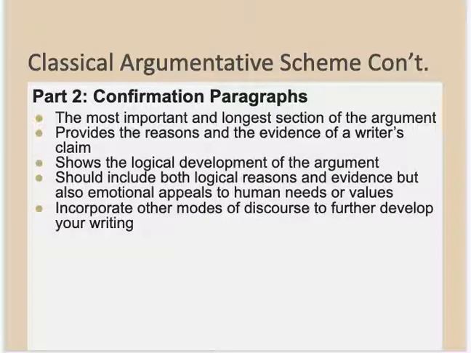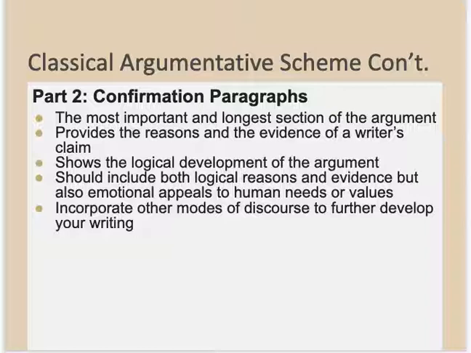For your confirmation paragraphs, these are the paragraphs where you're going to present your main ideas, 1, 2, and 3. Remember, second strongest piece of evidence first, then weakest, and then finally your best claim and your best evidence that goes with it. So this is the biggest part of your essay.